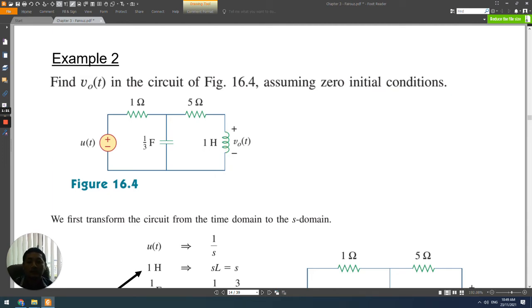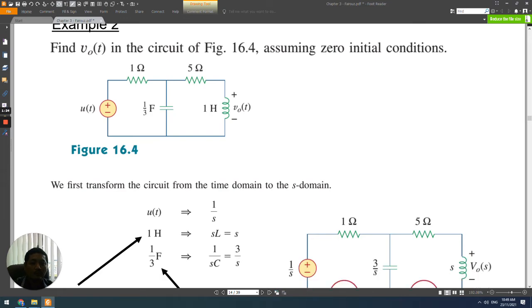So the first step to solve this is to transform. This is the very first step. In order to solve the circuit, we have to transform the circuit from time domain to S domain, or frequency domain.